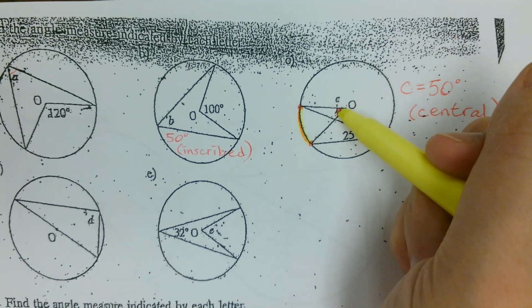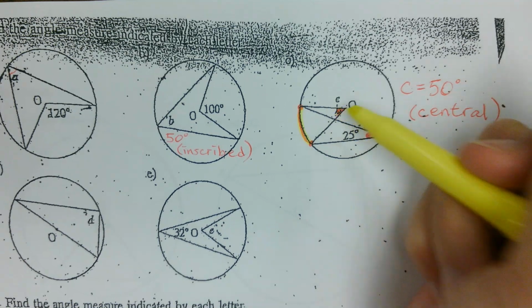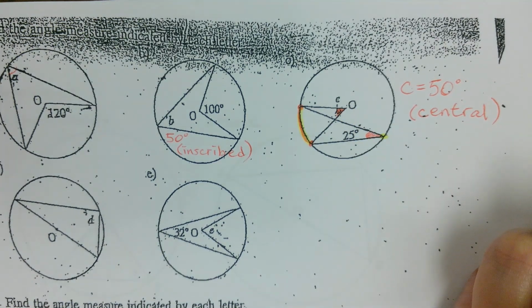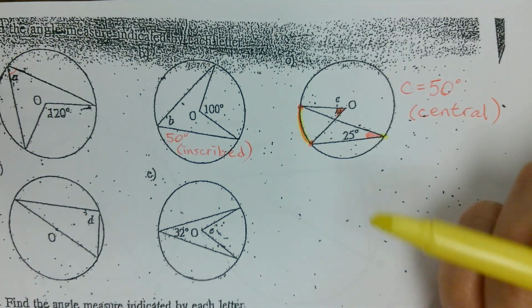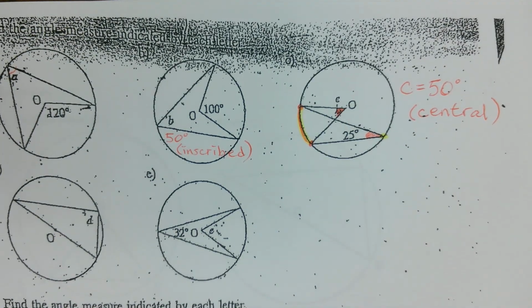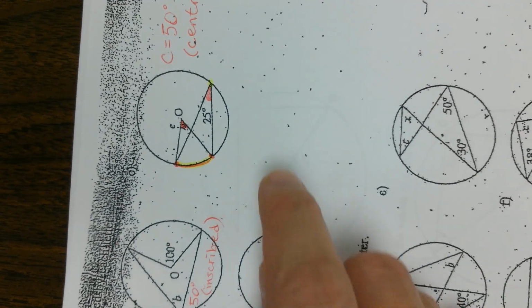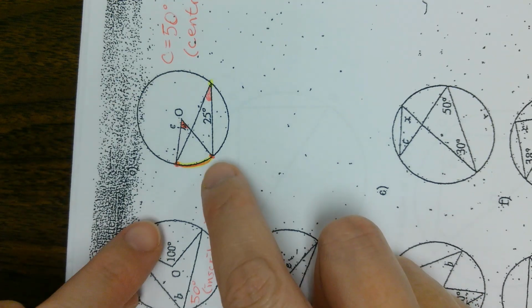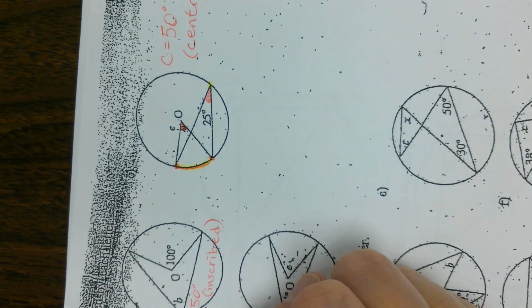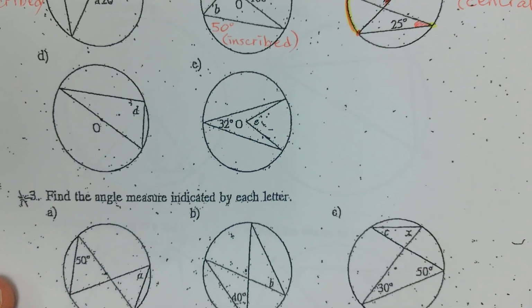And then drawing the same from the same arc to the center, that's my central angle. Okay, so remember, from the arc to the center, that's central. Central, central, central. Can you guys see it? Like if I turned it like this, is it easier to see? So that's my inscribed, that's my central. Okay, so it was a little tricky.